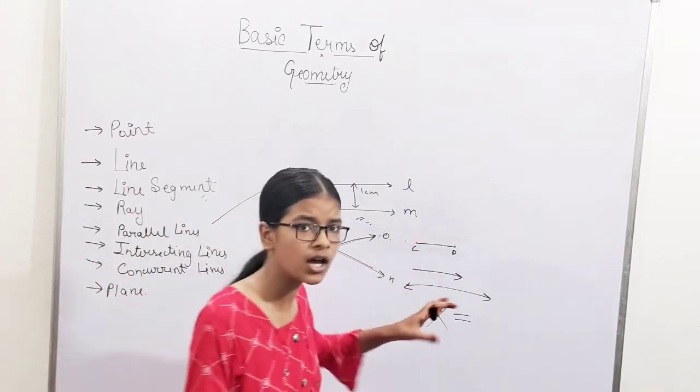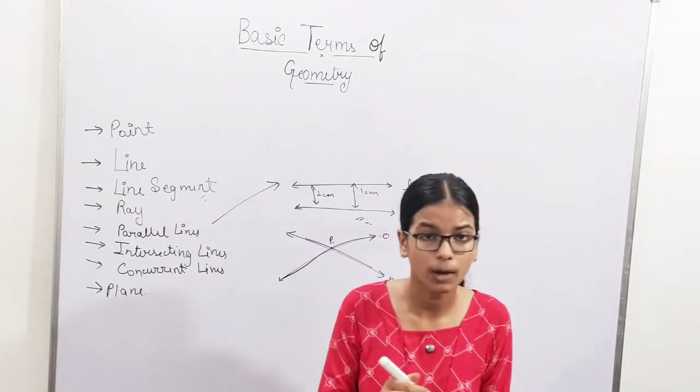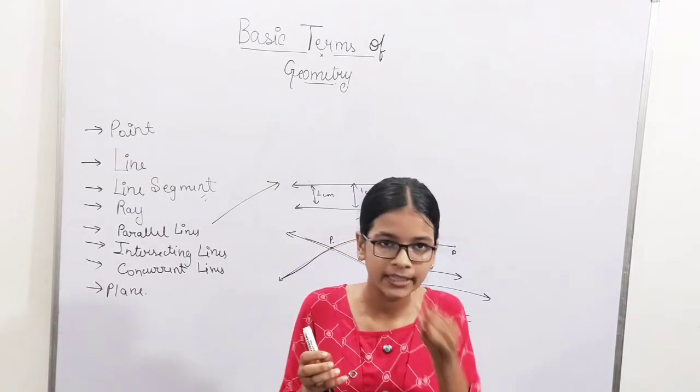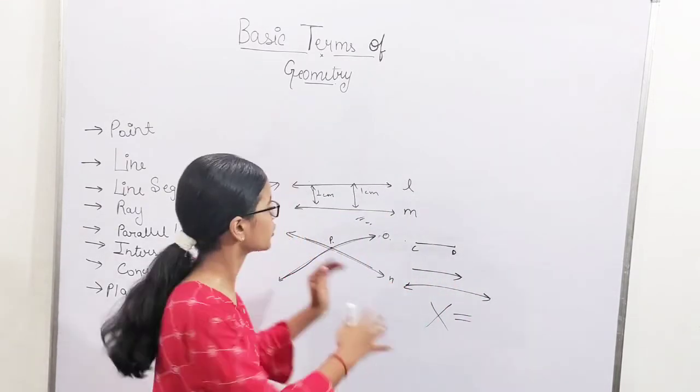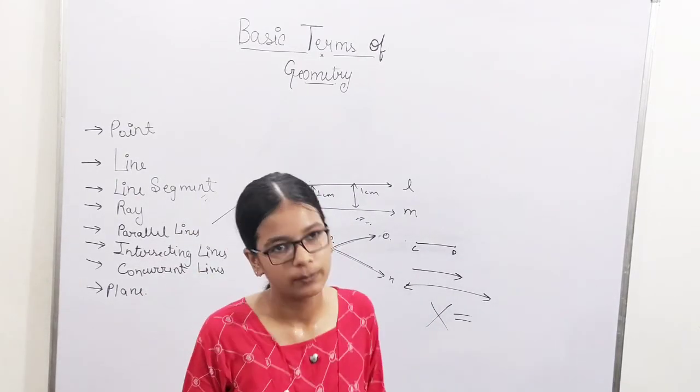Whatever we do on the surface of the plane, this whiteboard, your page, your copy page, your notebook, your book, your textbook, anything on which you draw these geometric shapes is known as a plane.